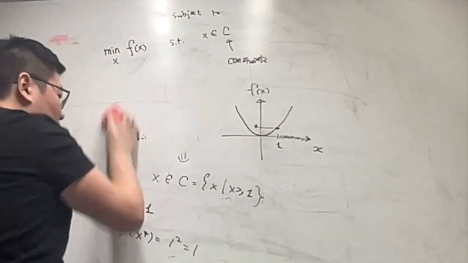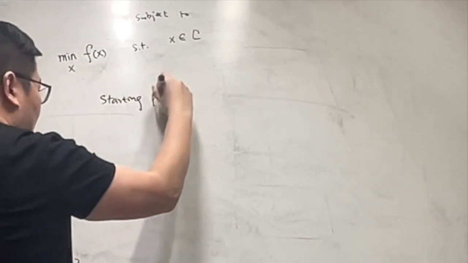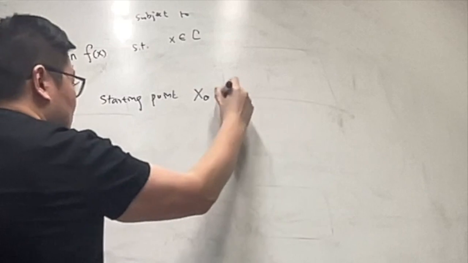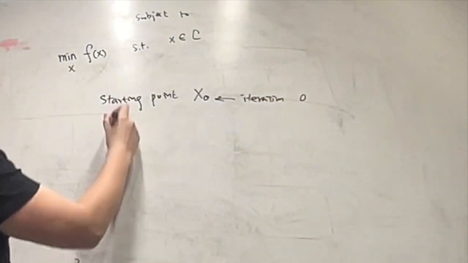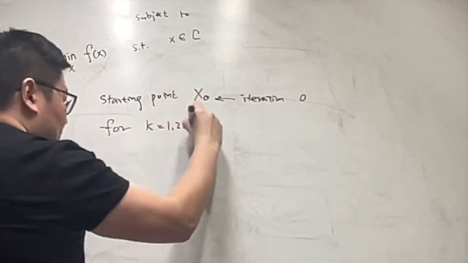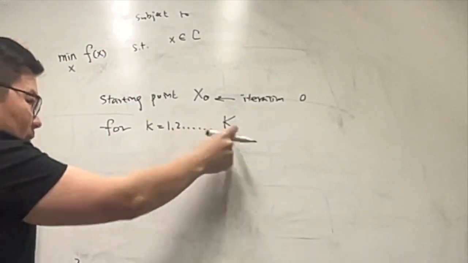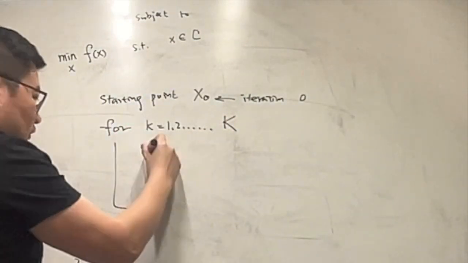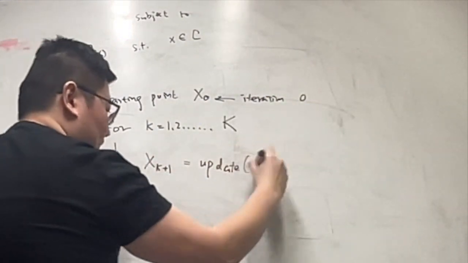So how do we solve this thing? First, we will have a starting point, okay, starting point x0. This means iteration 0, okay? And then what are you going to do? You're going to do a for loop, okay? For loop for what? For k equal 1, 2, and so on, until let's say big K. So you're going to run K steps, 1, 2, 3, 4, 5 up to big K. And then what you're going to do is x_{k+1} equal to update of x_k.